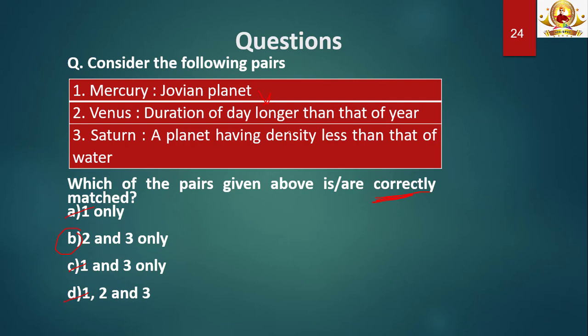And Saturn has a density of 0.69, which is less than that of water, 1. So this is also correct. We studied this in the chart or full image of the solar system, where all the details were given. So the answer is option B, 2 and 3 are correct.